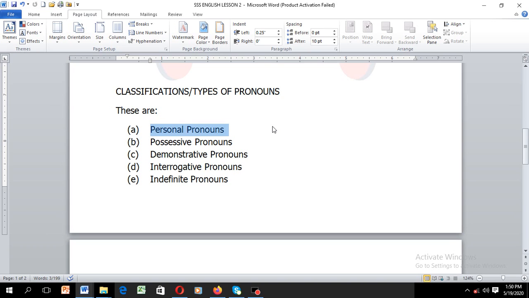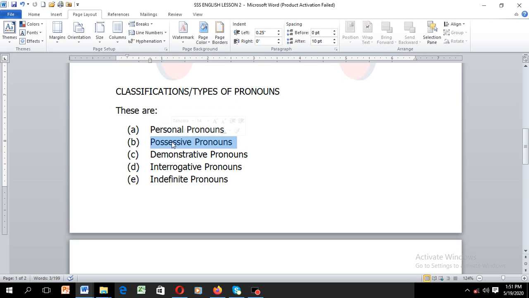Personal pronouns in subject form, we've mentioned that in part before: I, we, they, he, she, and it. These are examples of personal pronouns in subject. Then when we say personal pronouns in object form, we have me, us, them, him, her, and it. Is that taken? Then let's go to number 2.